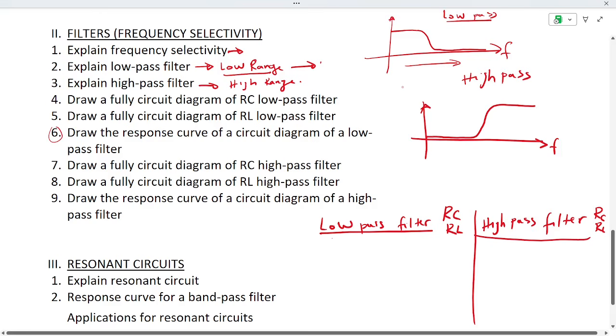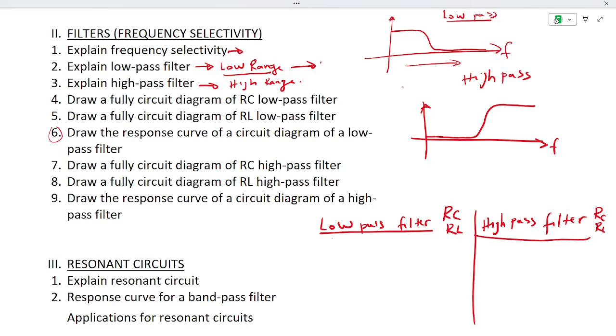So with an RC circuit, a low pass filter is going to have a resistor and a capacitor. The output is connected across the capacitor. So there are your outputs, V in, V out.